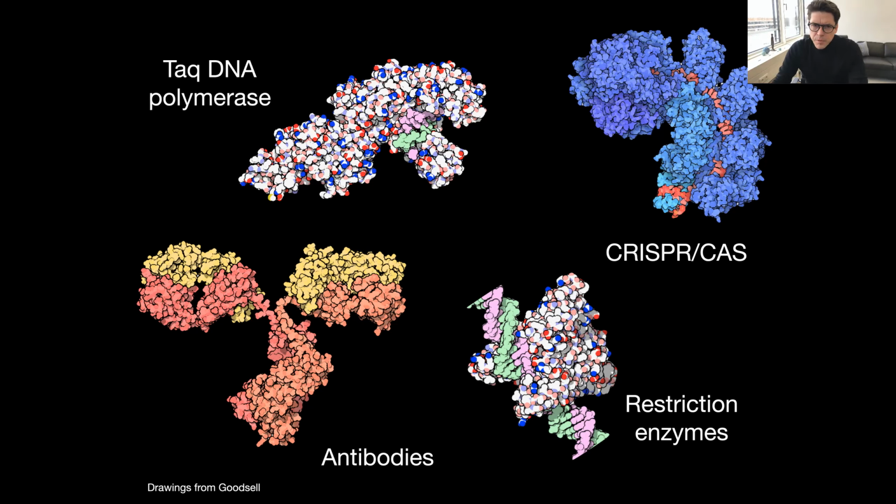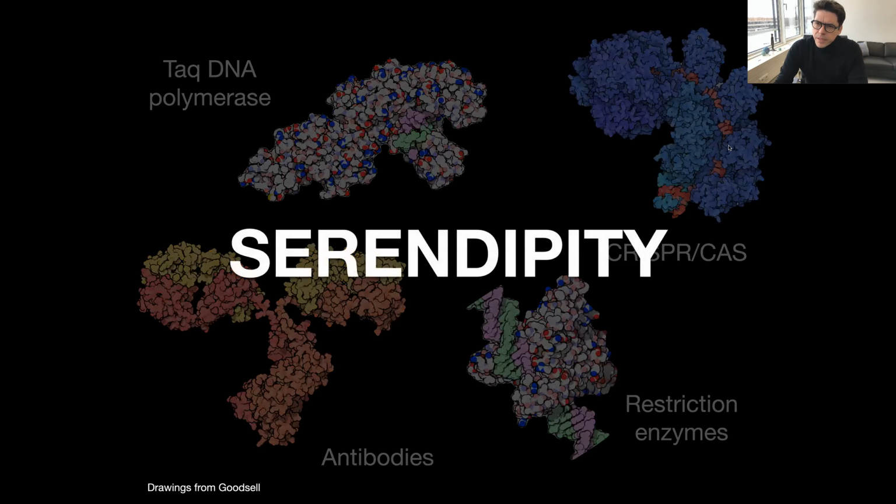So these are examples which are useful, and they help create new types of products which have a positive impact on society. But in a way, these things have been found by serendipity, right? Restriction enzymes were found accidentally, in a way.